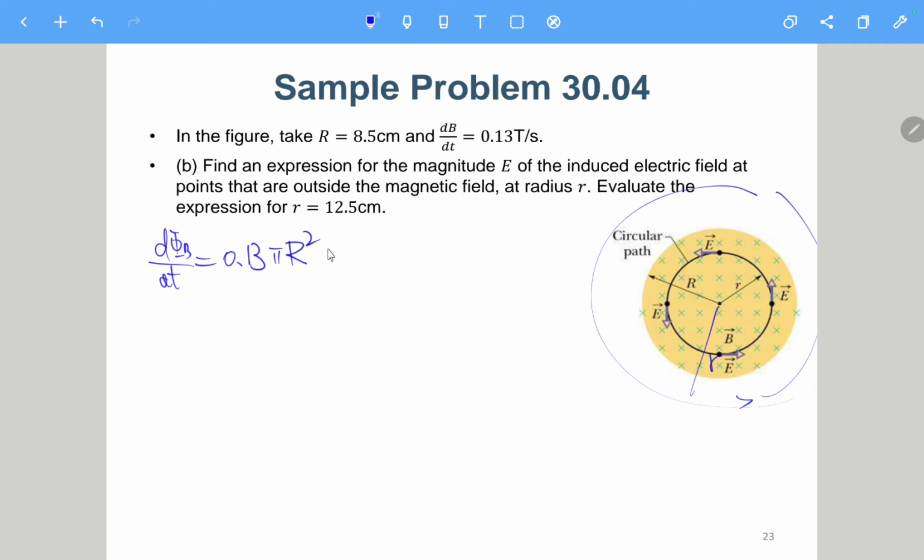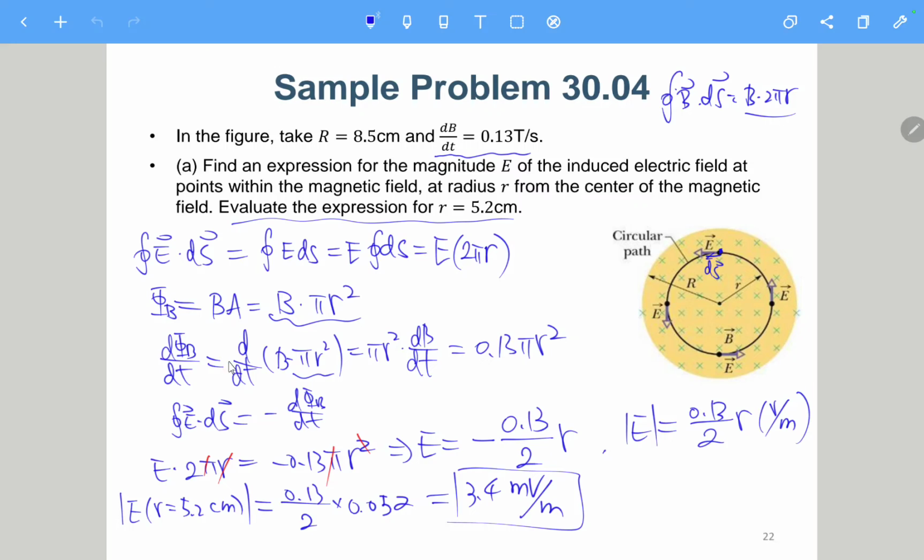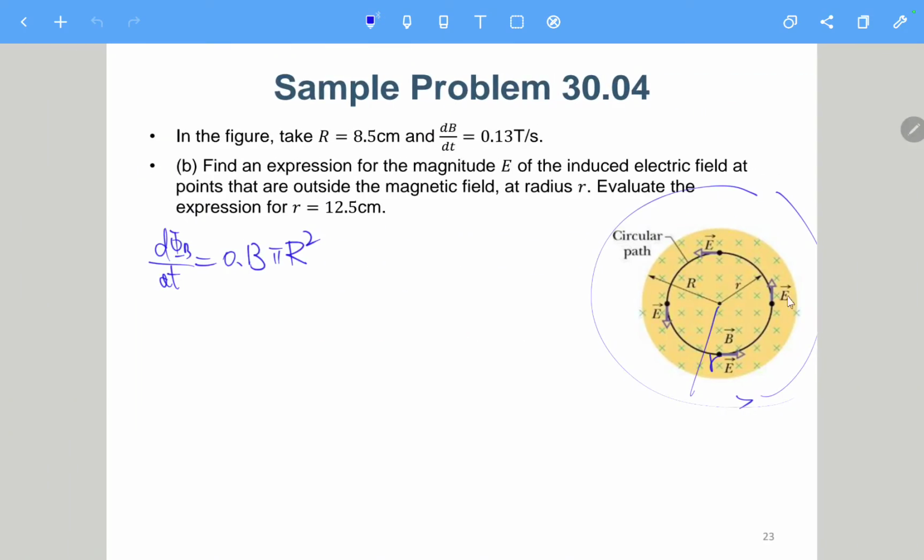Previously we had 0.13 pi small r squared because the Amperian loop is inside, so we can count all the way up to small r. But here, as small r is larger than capital R, we cannot count through the whole circle for the magnetic flux, because for the outside ring we don't have magnetic flux there.